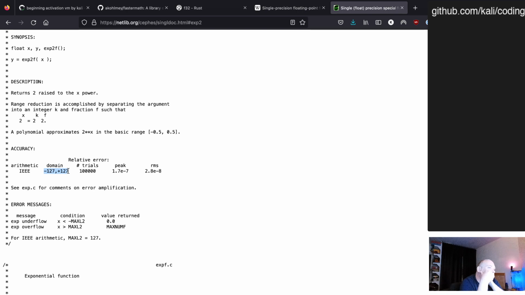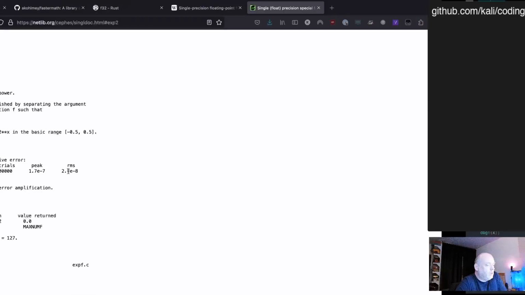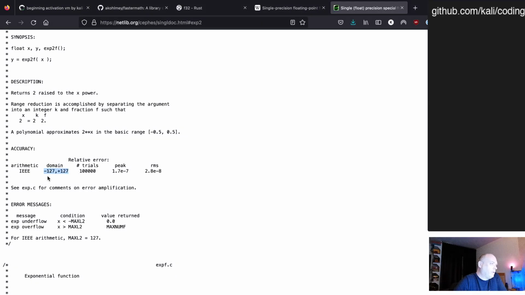I mean, exponentiation, if you're too small anyway, it doesn't mean anything. I mean, it's 0. If you're too big, it's infinite. It's something that you can no longer represent as a float. But the good thing is here we know the domain, and I mean we could have guessed it.